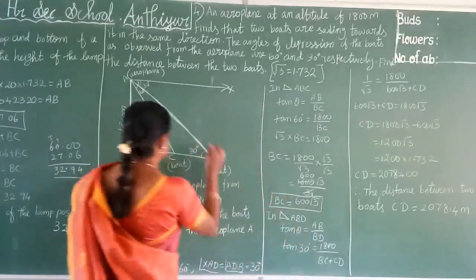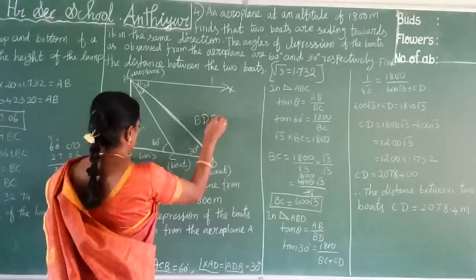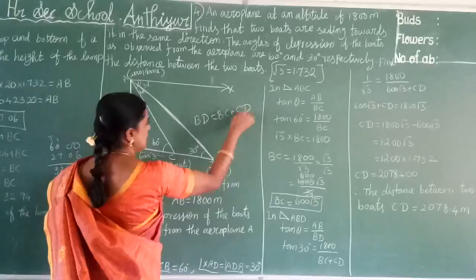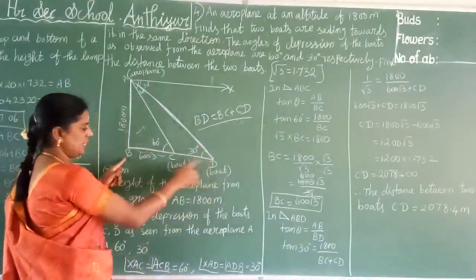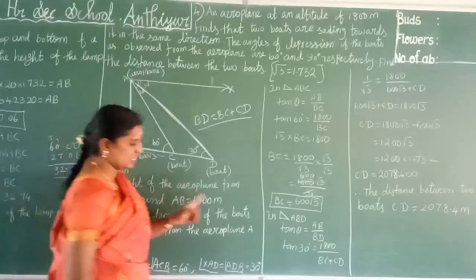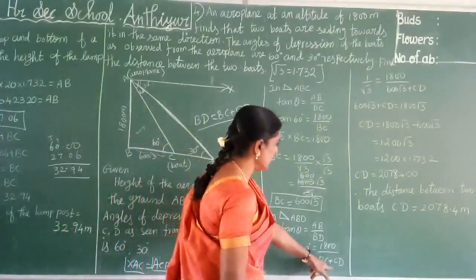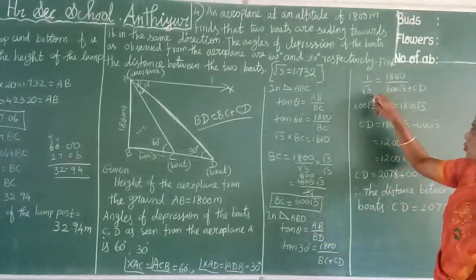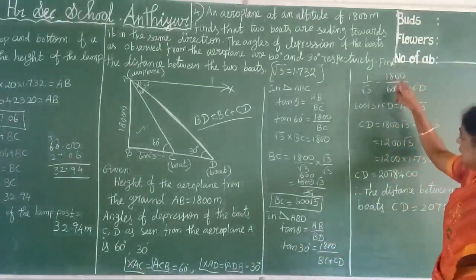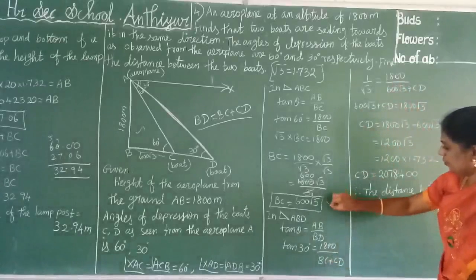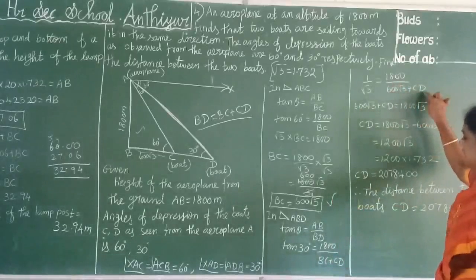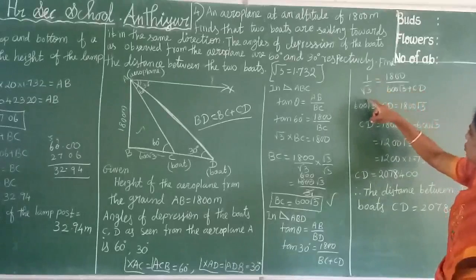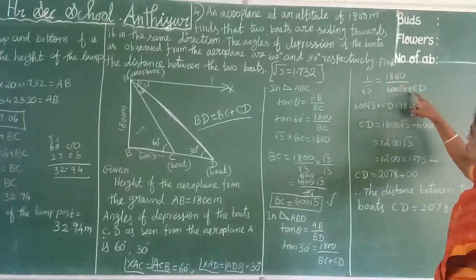This BD can be written as BC plus CD. So apply this BC plus CD. The table value of tan 30 degrees is 1 by root 3, equal to 1800 by BC, which is 600 root 3, plus CD. CD we want to find. So 1 by root 3 is equal to 1800 by 600 root 3 plus CD.